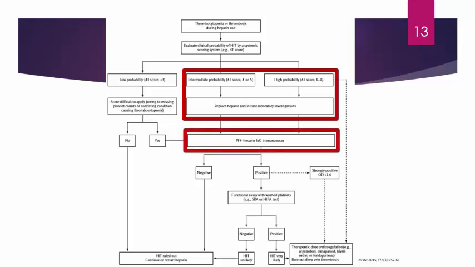At that point, if you come back positive for your PF4 heparin IgG immunoassay, and typically this takes about a day or two to come back in most hospitals, then you'll want to do your functional assay with the SRA. If your SRA is positive at that point, HIT is very likely. If it's negative at that point, HIT is unlikely, and you may be able to go back to your heparin agents.